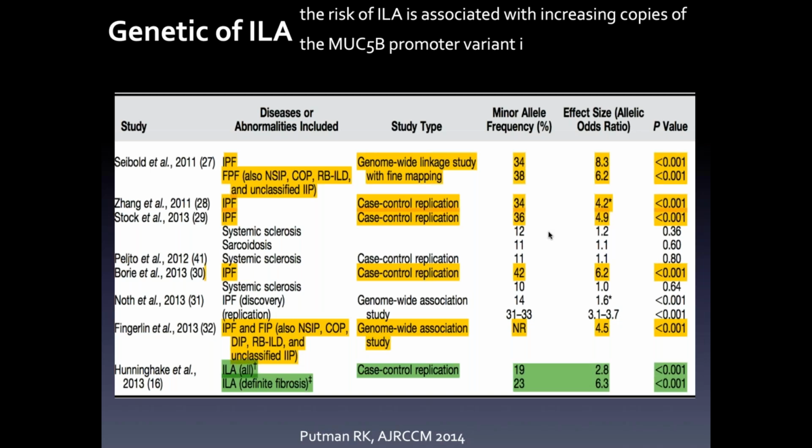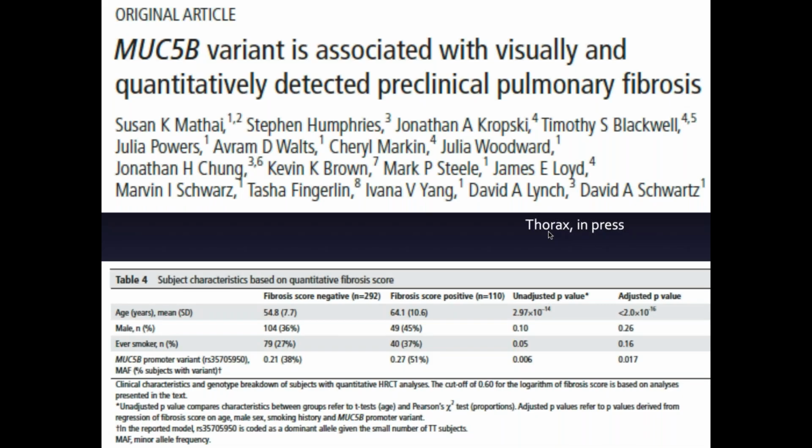A polymorphism already detected in patients with IPF and the risk to develop ILA. Another recent study made the same observation: MUC5B variant is associated with visually and quantitatively detected preclinical pulmonary fibrosis.